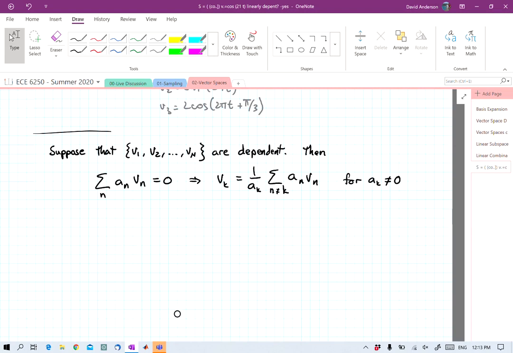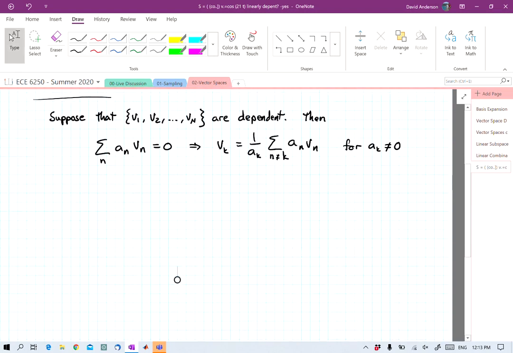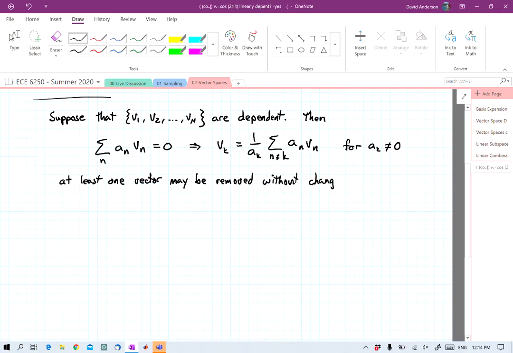So linear dependence, by that definition, shows us that anytime we have a set of linearly dependent vectors, we can express at least one of the vectors in terms of the rest, without changing the span.